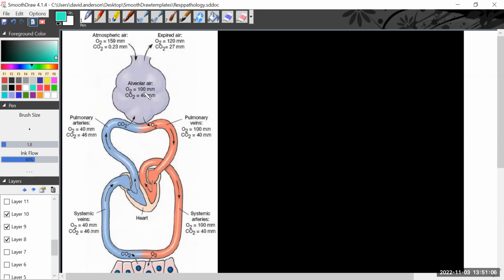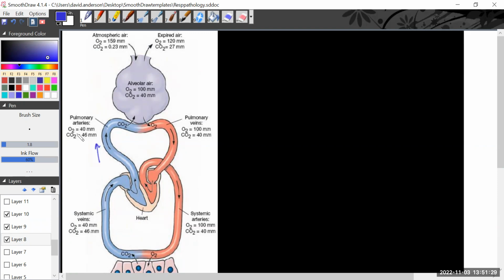So these create gradients. When the venous return is occurring, here's our venous return, and we can see the partial pressures of oxygen and carbon dioxide represented here.